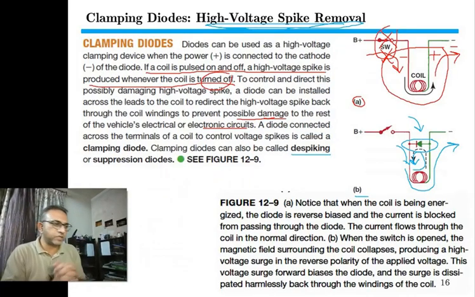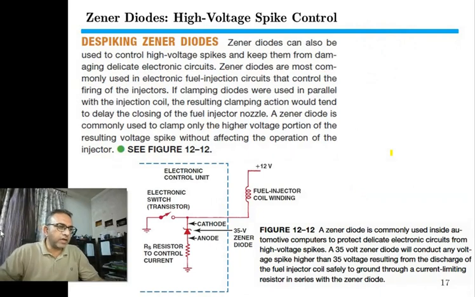Now we will start to study how to reduce voltage spike using Zener diodes. Okay, so now we come to the next slide. The title of the next slide is Zener diodes high voltage spike control.